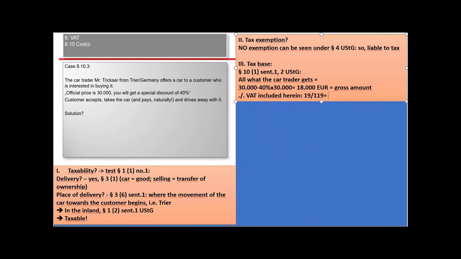19% is the rate for a car. We can probably guess that already. That is probably 2,873.95 or so. So net amount is 100 divided by 119 times 18,000.